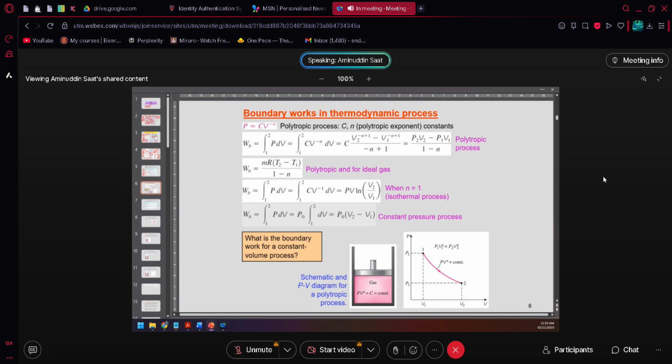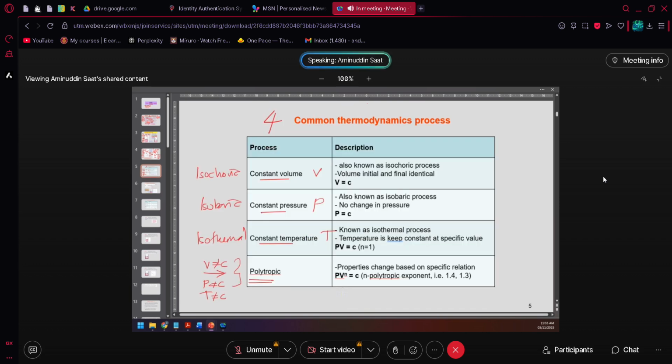Before we go to this equation, remember the general equation for boundary work. We need to define the boundary work for each process. The general equation is integration of PdV.